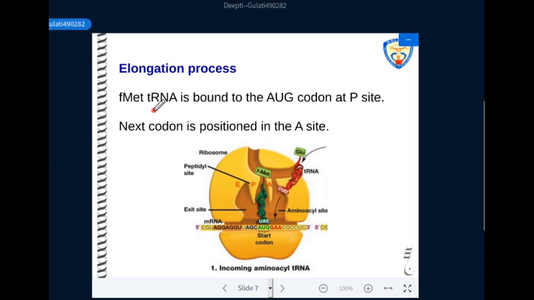So fMet tRNA, that was the initiator tRNA, is bound to the P site attached to the initiation codon. The next codon, which is positioned in the A site, as shown here, is GAA, and its corresponding anticodon is CUU. The tRNA brings in the second amino acid of the chain with the help of elongation factors.